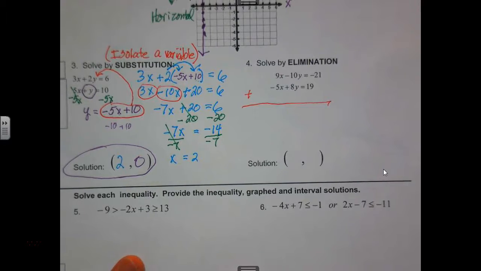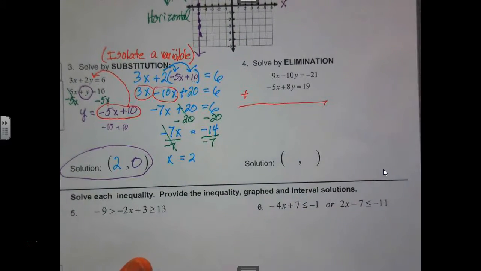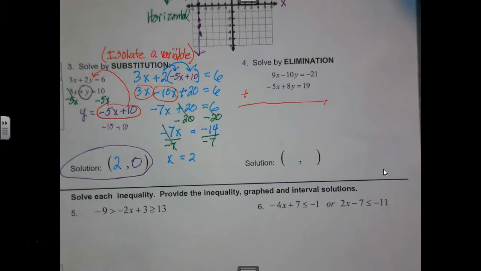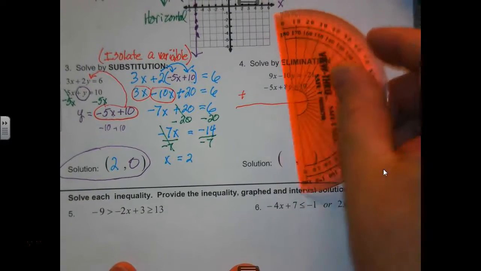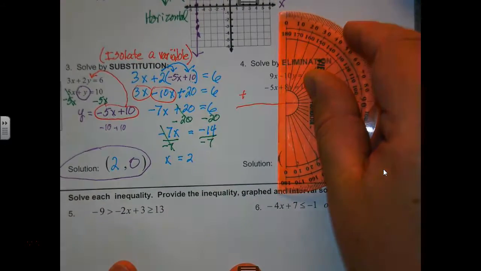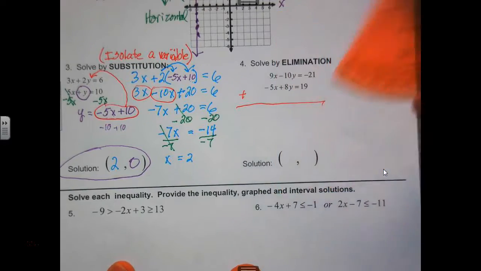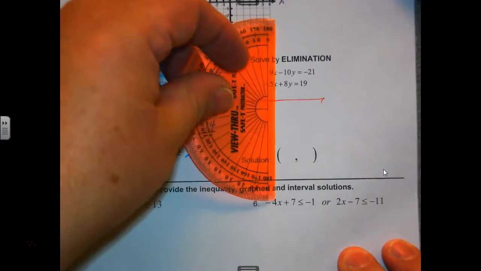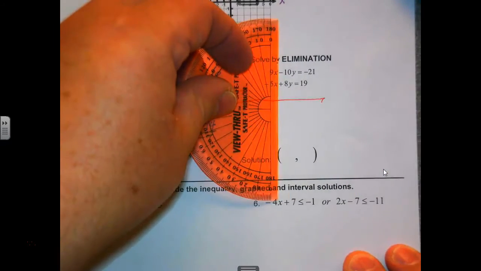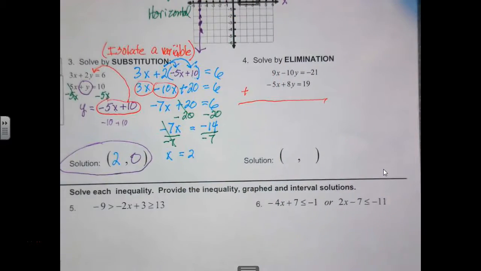No. So I need to multiply one or both equations by something. Now, unfortunately, if I wanted to get rid of the x's, I'm going to have to multiply both equations. Unfortunately, it's going to be the same thing with the y's.